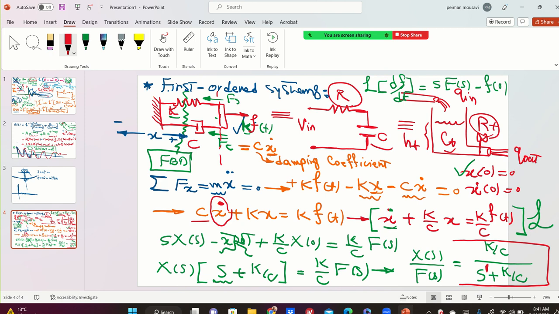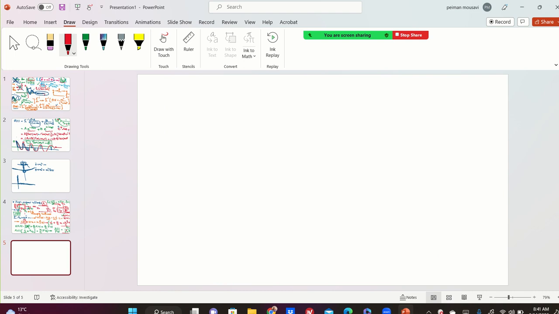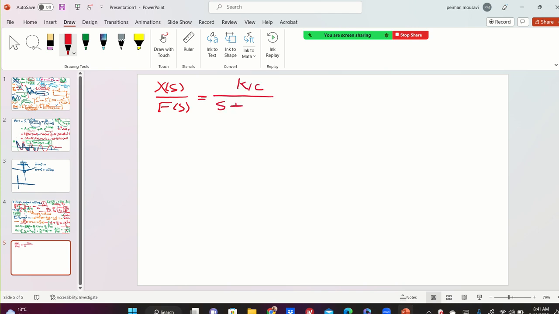Can I go to the next page if you don't have any question? So I'm going to play with that a little, because I'm professor, I can do it. X(s) over the input of the system was k over c divided by s plus k over c.